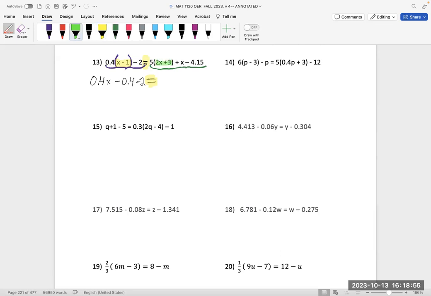The distributive property tells me I can multiply what is outside of the parentheses by each term. So 5 times the term 2x, and 5 times a positive 3, positive times positive is positive, and 5 times 3 is 15. Then I'm going to copy the rest of this side of the equation.